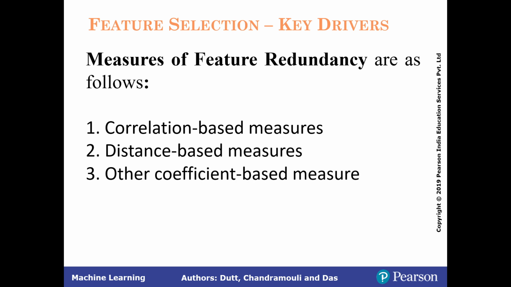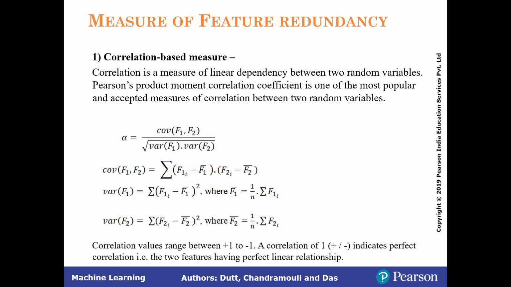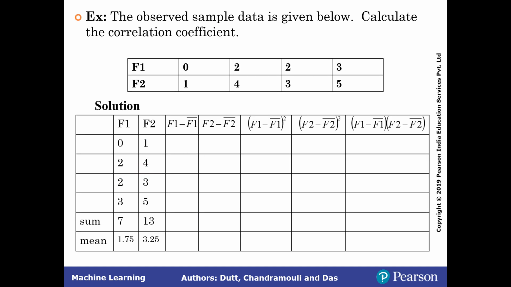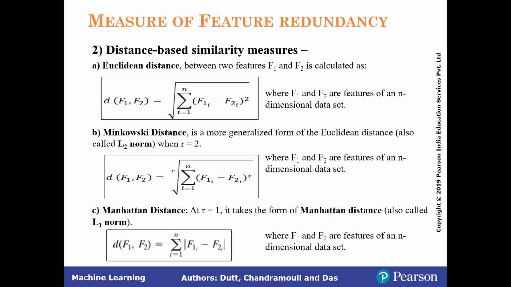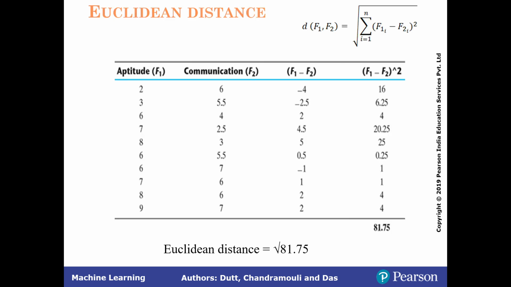Yes. Measures of feature redundancy are correlation, distance, and coefficient based measures. One by one, we will see. This is the correlation based technique. Actually, these are not all required. Distance based is important because while working with clustering, we will consider different distance measures: Euclidean distance, Manhattan distance, Minkowski distance, or cosine distance.